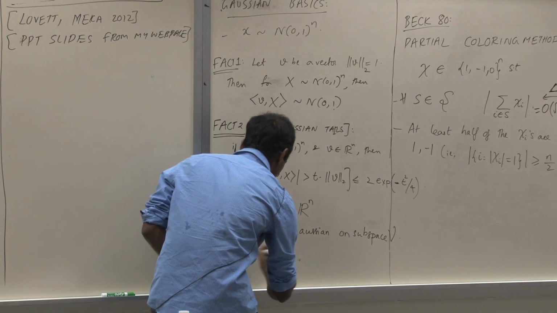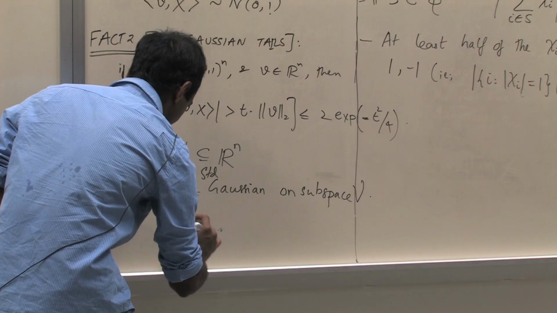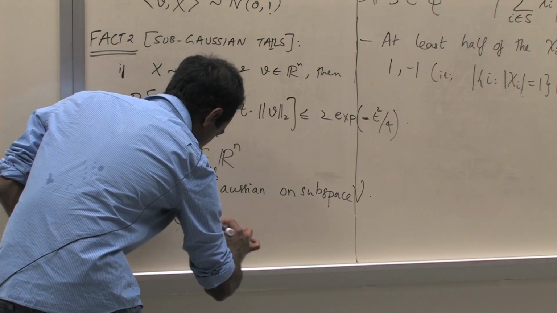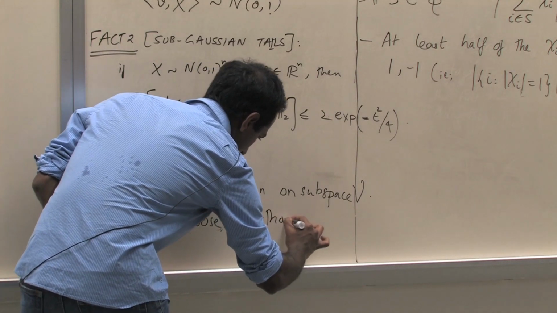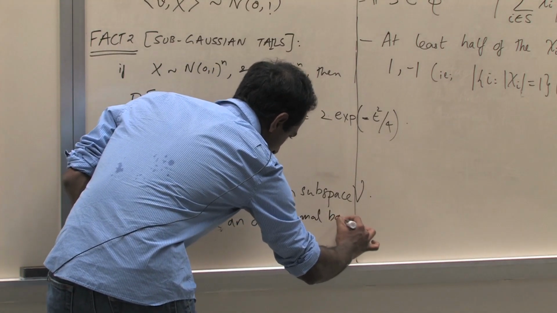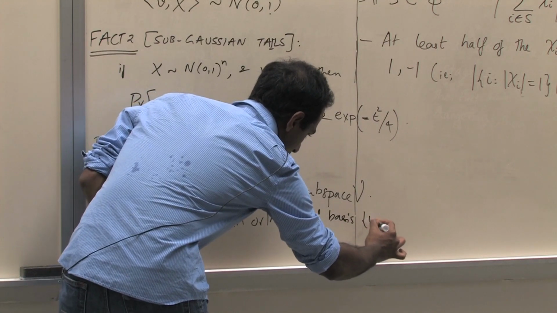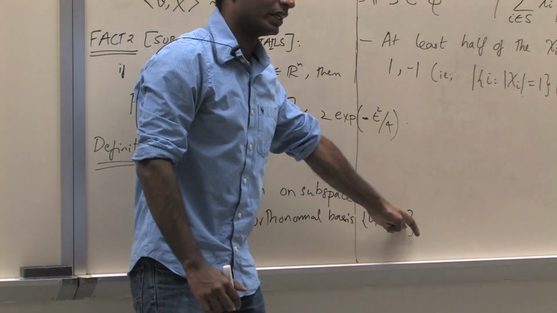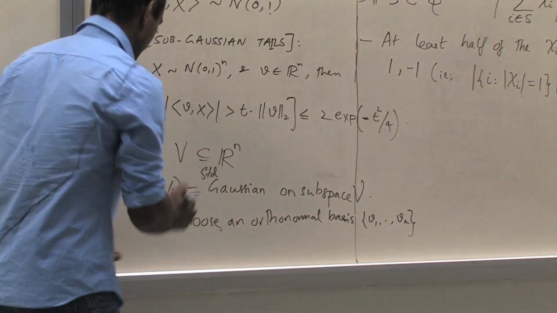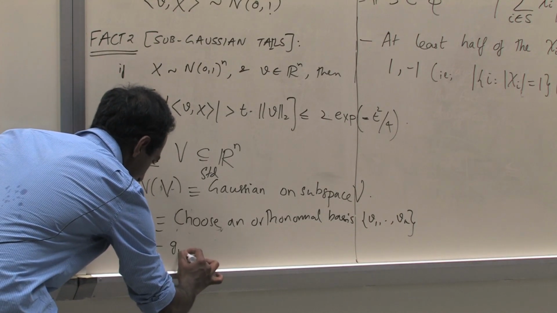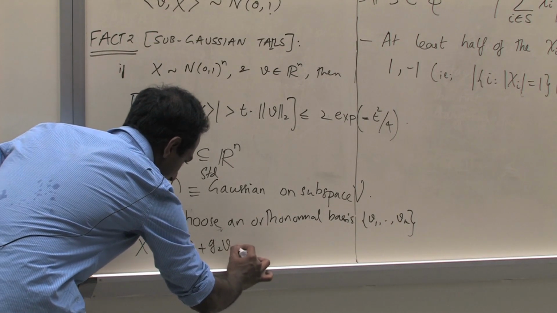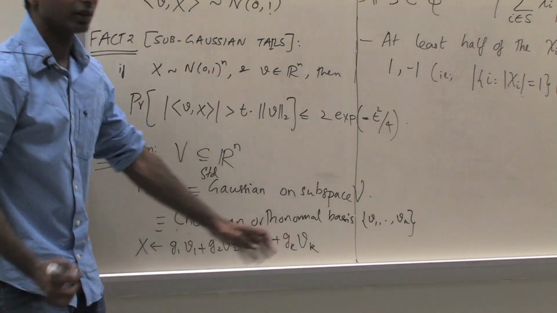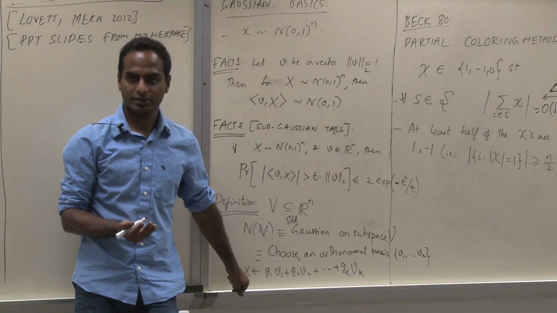Or you can think of it as: choose an orthonormal basis V1 through Vk for the subspace you're working with, and you just sample G1 times V1 plus G2 times V2 up till Gk times Vk, where each of the Gi's are independently standard Gaussian random variables.